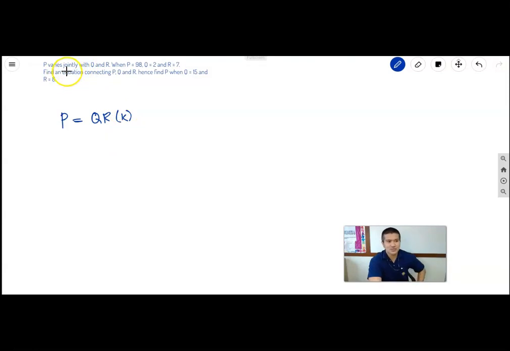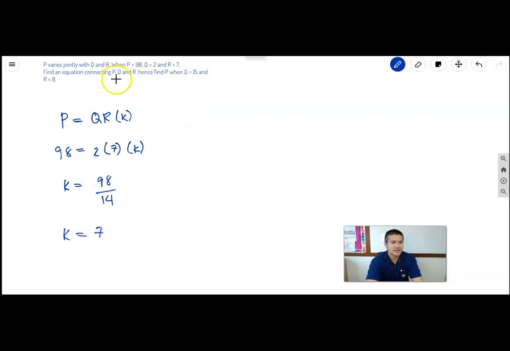Therefore, if it is jointly, we are going to combine the variables. So when P is equal to 98, that equals 2 times 7 times K. So how much do we get here? We have K equal to 98 divided by 14. So we will get K equal to 7.